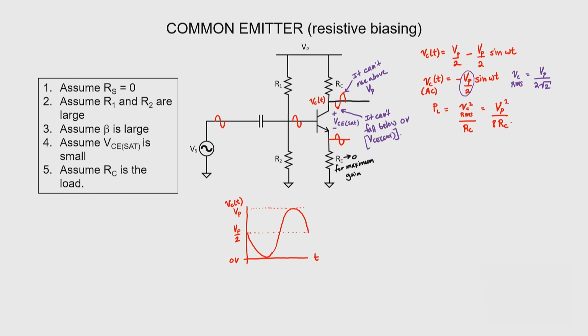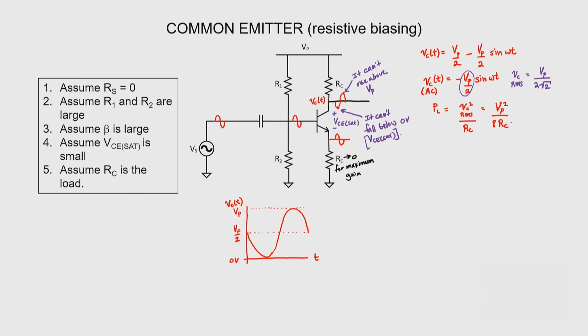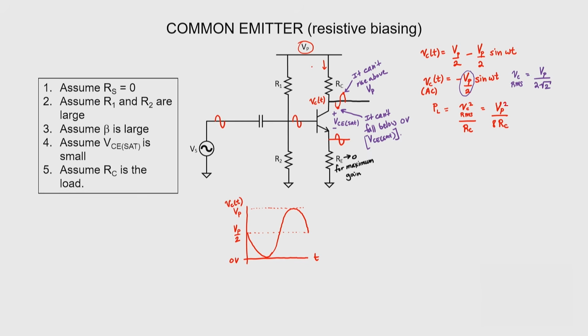Now what I'd like to do is find out how much power is supplied by our power supply. So for that, we already know the voltage is just Vp. I need to know what the current is. Let's label that current as I of t. In order to find this current, I'm just going to apply Ohm's law across resistor RC. I equals V over R, so we have Vp on one side and Vc on the other, and RC in the denominator.